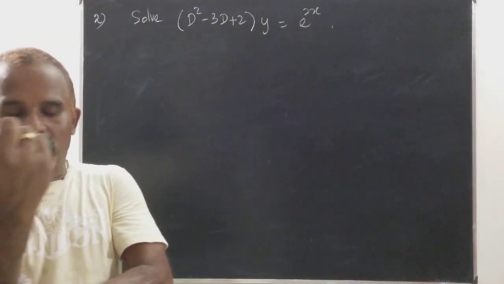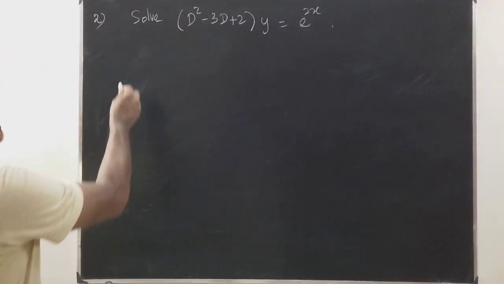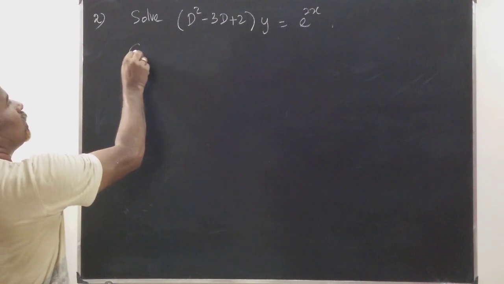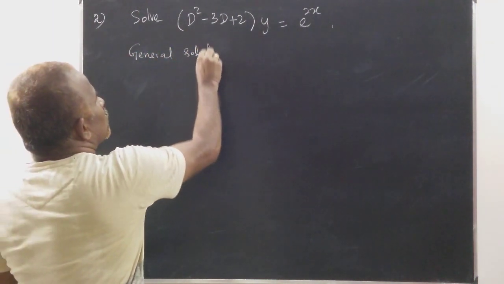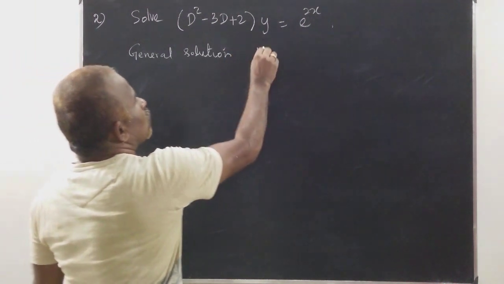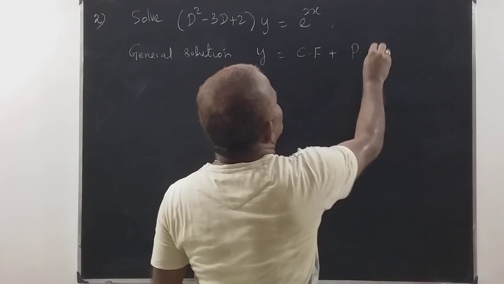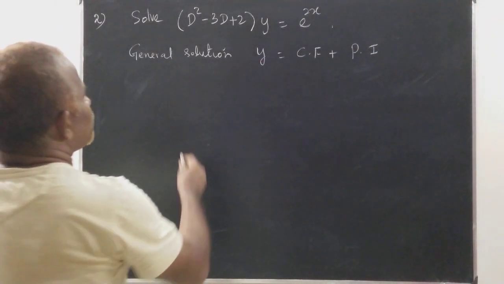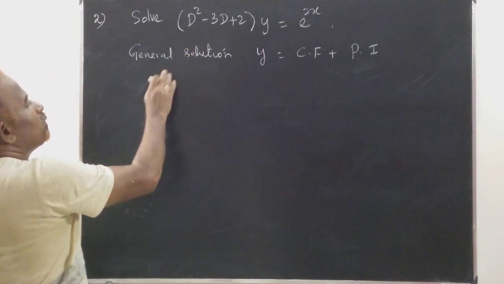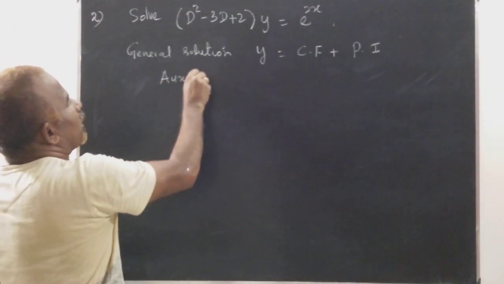The general solution is y is equal to complementary function plus particular integral, that we have to find out. Okay. So first of all, as usual, for finding the complementary function we have to take the auxiliary equation.